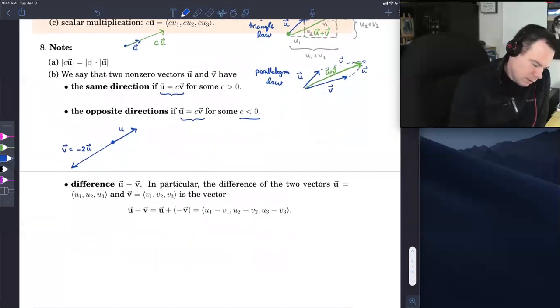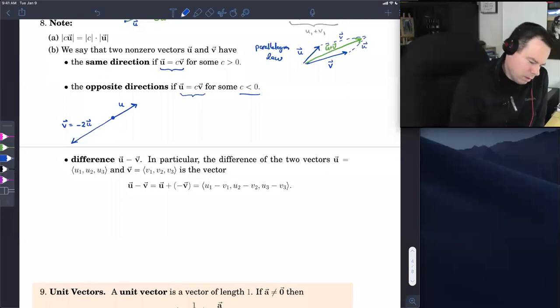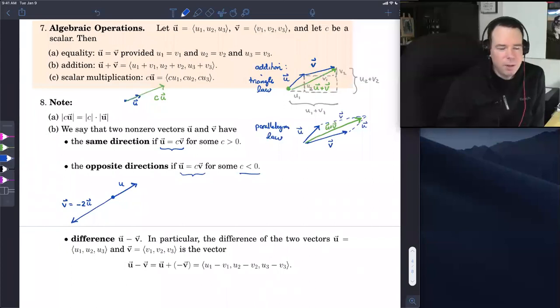Okay. Lastly, what about a difference? You might say, well, we've defined addition in the algebraic operations up top, and we've defined scalar multiplication, but at no place have we defined subtraction of vectors. And that's all right, because we can combine addition and scalar multiplication to produce subtraction.